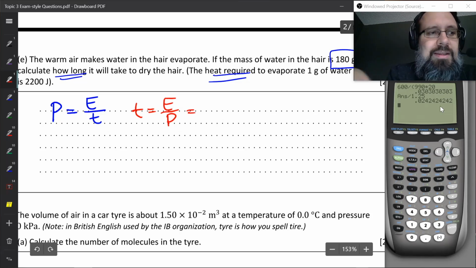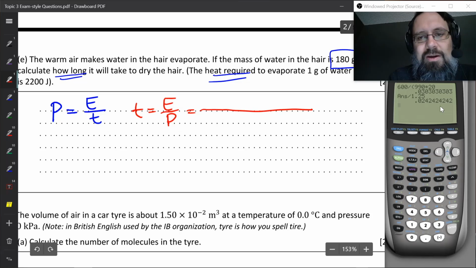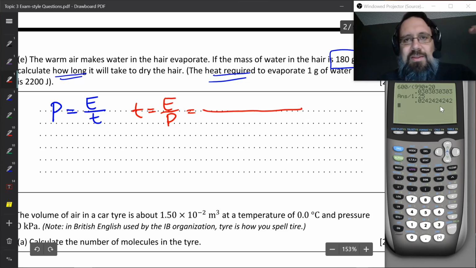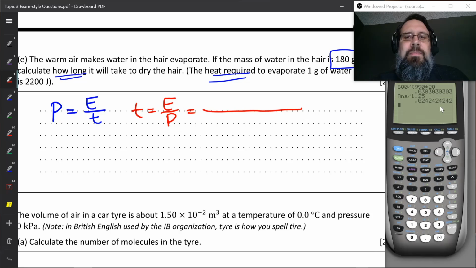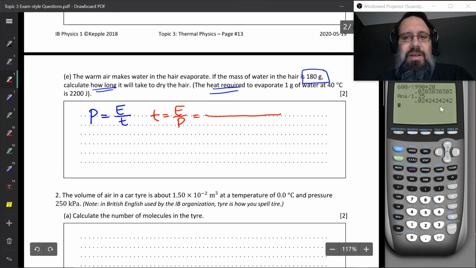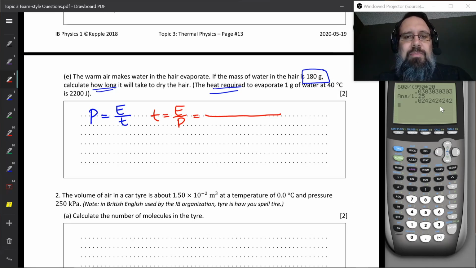The energy that we need to transfer to the hair, well, there's two things we have to do to the hair. So first, we have to take the water in the hair that's at room temperature, and we need to heat it up to 20 degrees Celsius. And the second thing we need to do is we need to actually evaporate the water. And it told us right there how much energy it takes to evaporate the water.